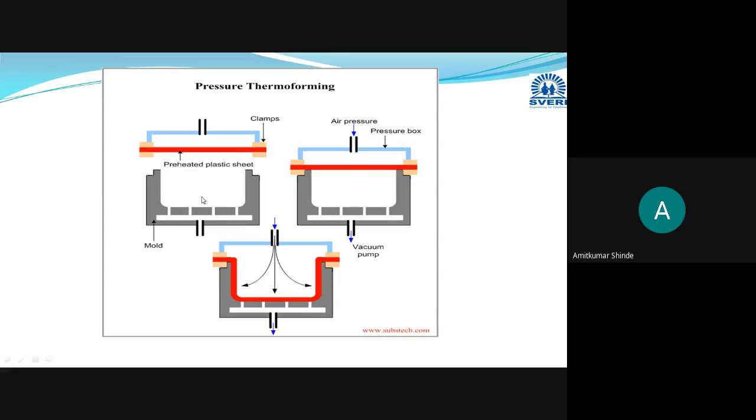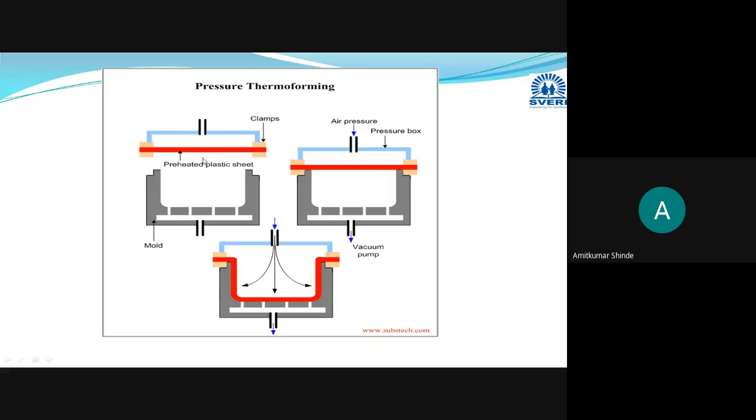Before applying the force, it is heated. That's why it is termed as preheated sheet. Now with the help of some clamping arrangement, that plastic sheet is clamped at both ends, and here we are going to perform the electrical heating.